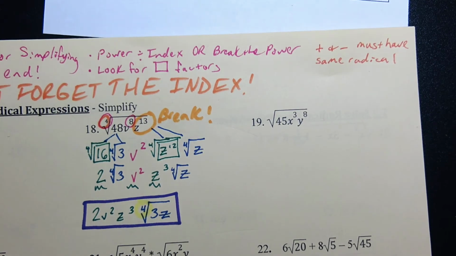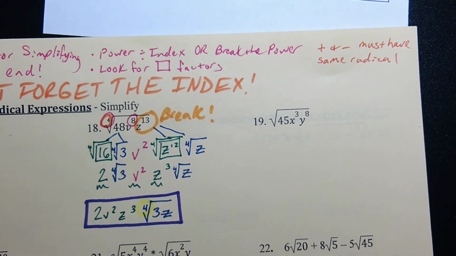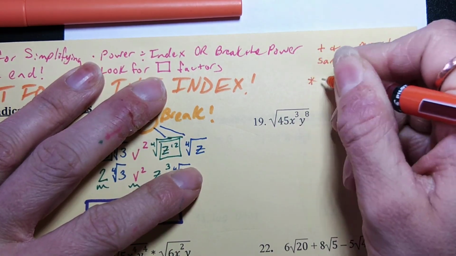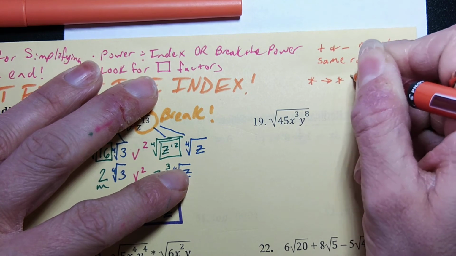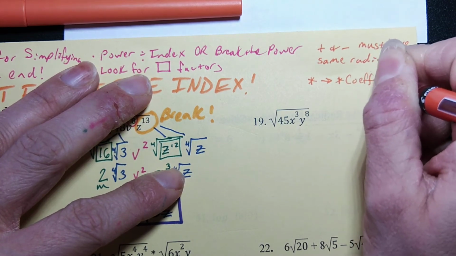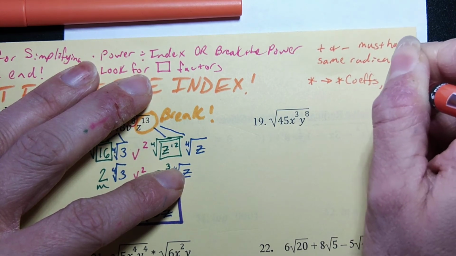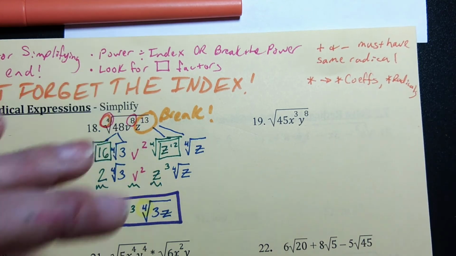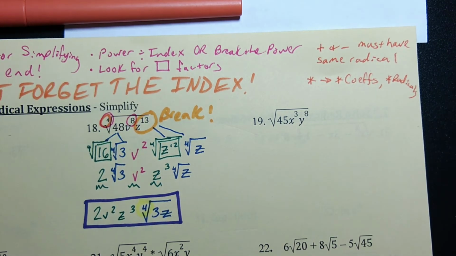What is our rule with division? It's not like we really divide radicals. We can't have any radicals in the denominator. So let's write down a couple more rules up at the top. For multiplying, you multiply the coefficients and multiply the radicals. So multiply coefficients, multiply radicals.